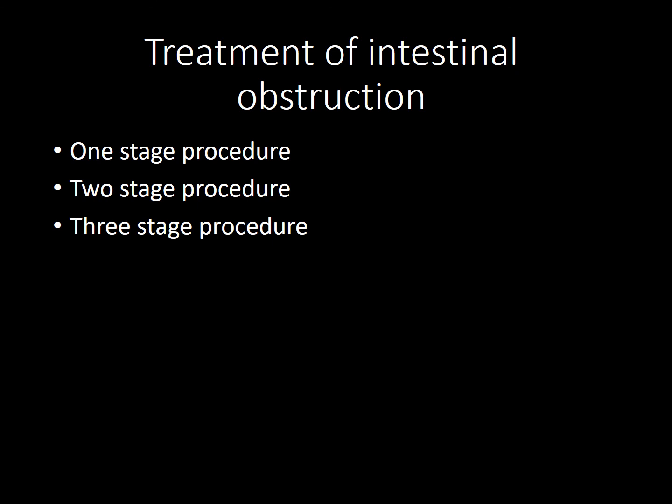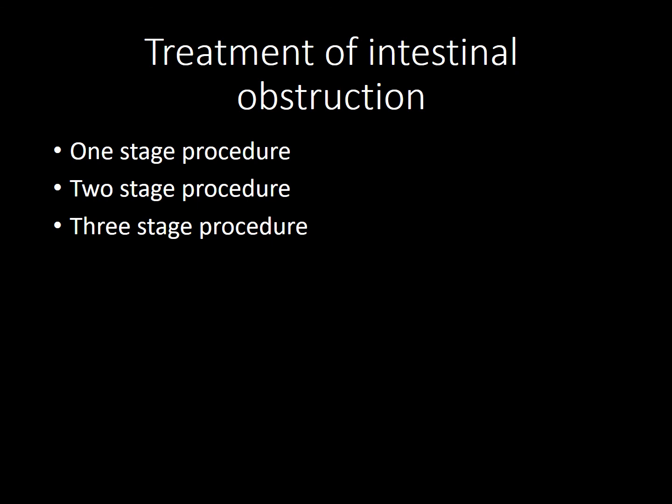So we have the one-stage procedure, which means resection and anastomosis in one stage and the patient goes home. But in the two-stage procedure, the first procedure is resection of the tumor and making either an ileostomy or colostomy. Ileostomy means making anastomosis and then a covering ileostomy.